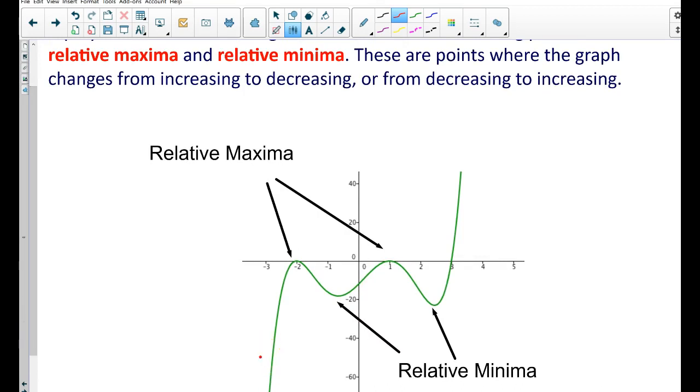Over here, our function is increasing and then decreasing, so this point is a relative maxima. And here you're going from decreasing to increasing, so that's considered a relative minima. These are turns. So I have 2 maxima and 2 minima.